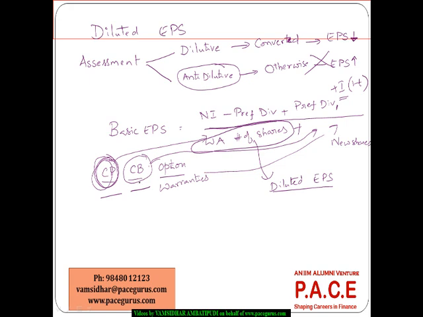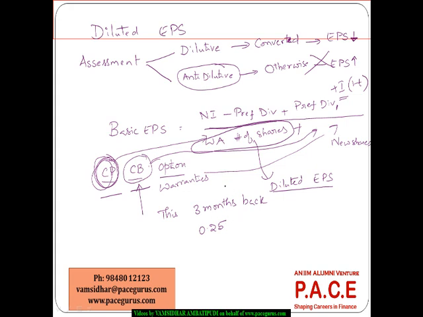And especially if this dilutive security was created only this year, just 3 months back, then even for the computation, I'll not include the whole year, I'll take only the weighted average, which is 0.25 weightage.